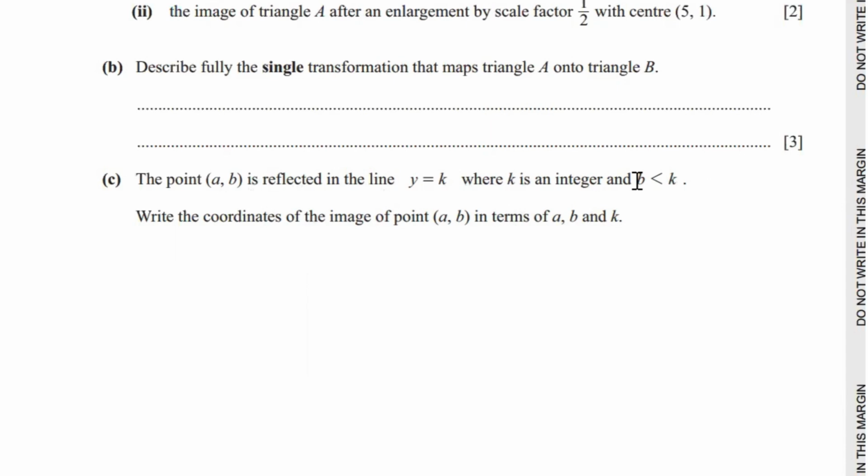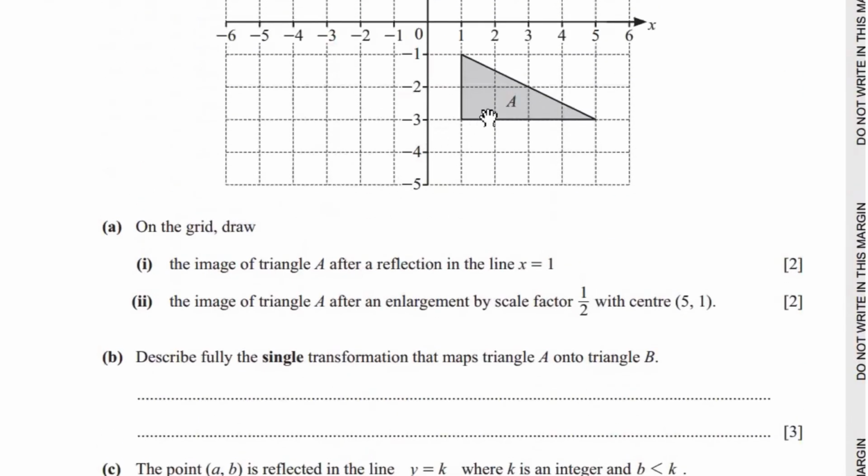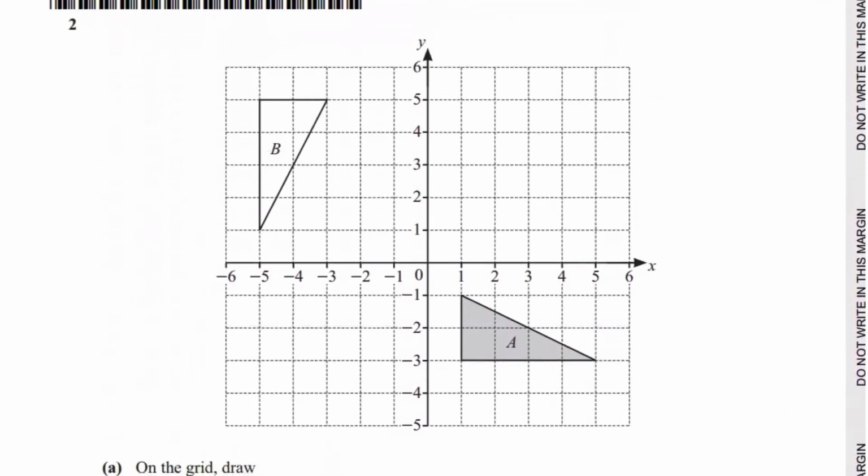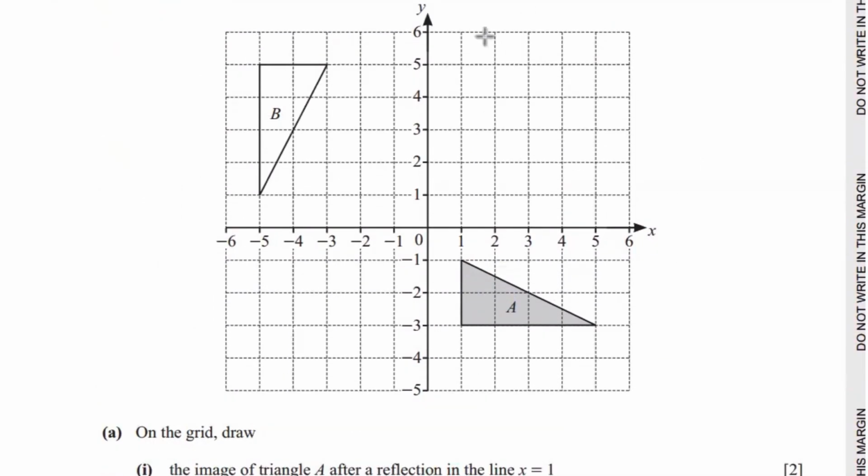So let's say it's y equals 3, and b is said to be less than k.